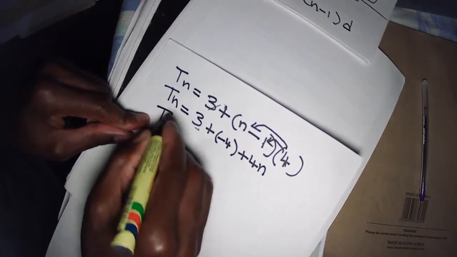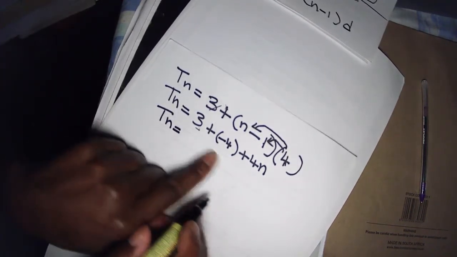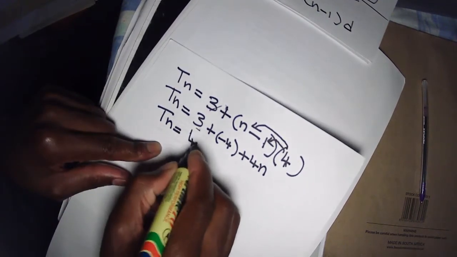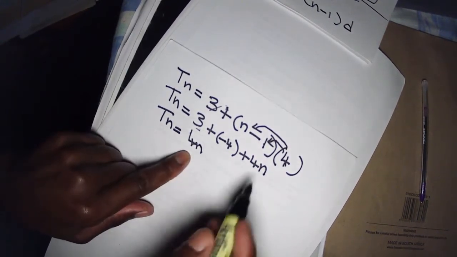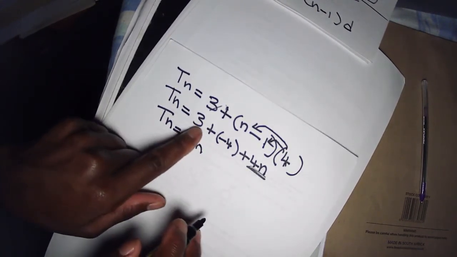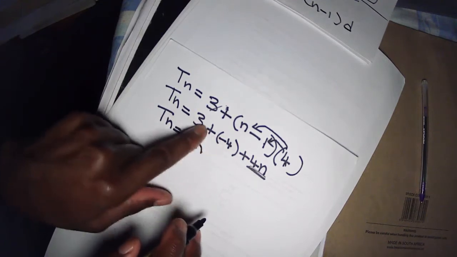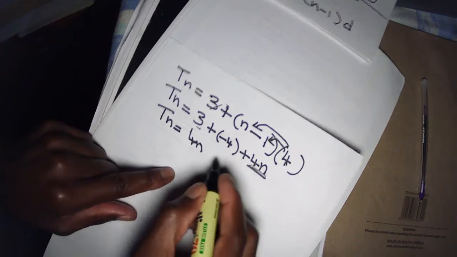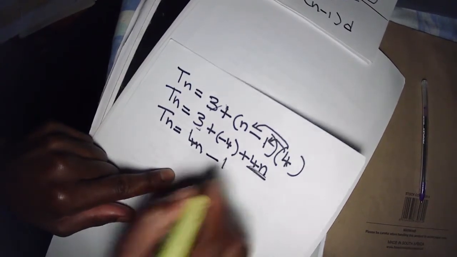Now let us finish up everything here. What are we going to get? Let me bring the 4n here, the 4n, and you do the addition and subtraction here. 3 plus minus a 4, so we're going to get minus 1.